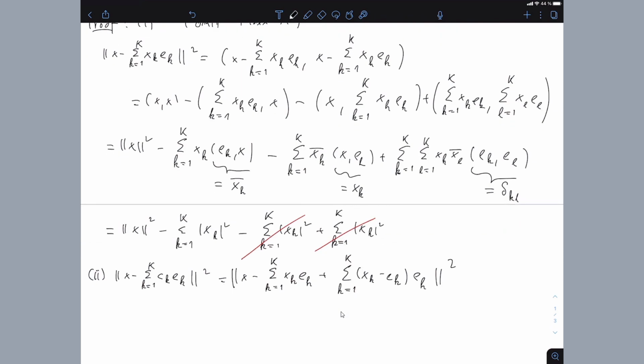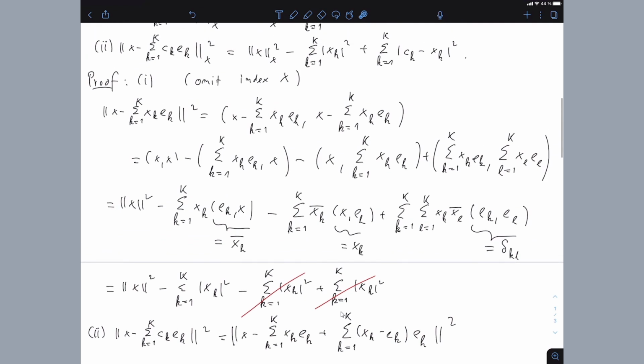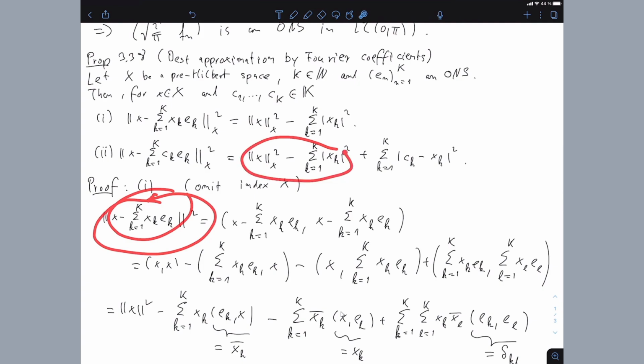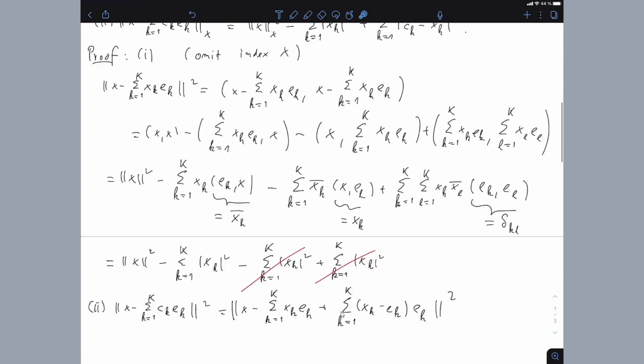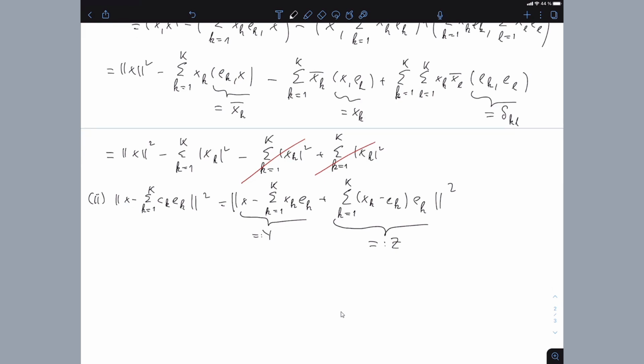Okay, and now we have to compute this. And I want to reuse that we already know what this part is. Actually this part is what we have here. So how do we do that? Let's make this a little shorter. I call this capital Y and this capital Z. And now I can again multiply out.